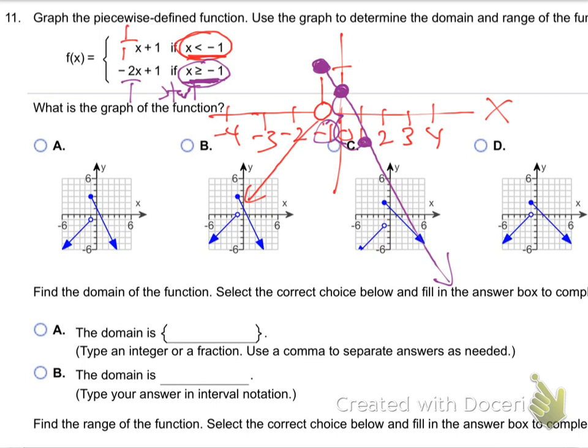Everywhere right of -1, solid dot. So here's -1, everywhere there, right there, and to the right. Greater is right, less is left. Good, and solid dot, because of the equal to -1. All right, so which graph is it? They're kind of close. Is it D? What's wrong with B?